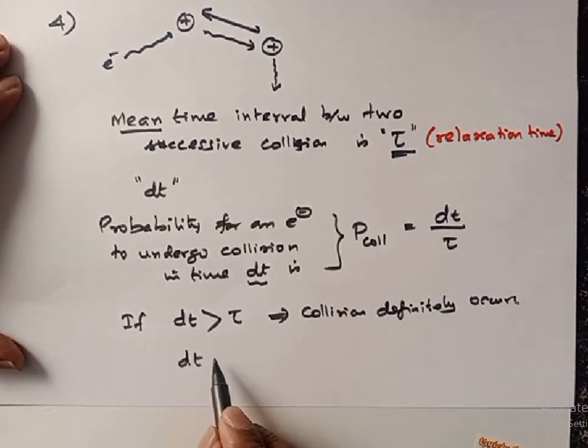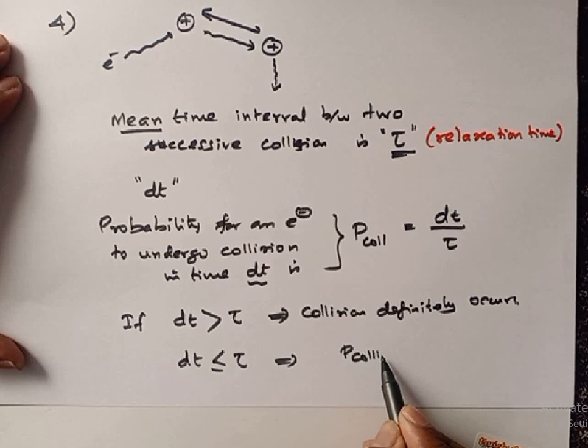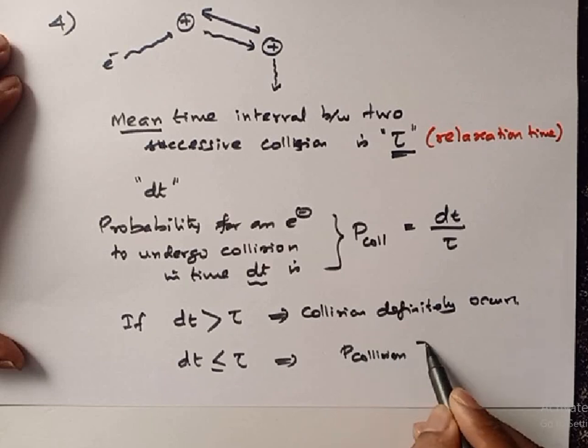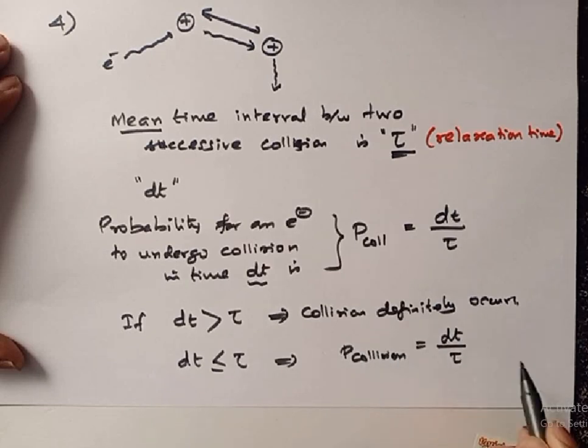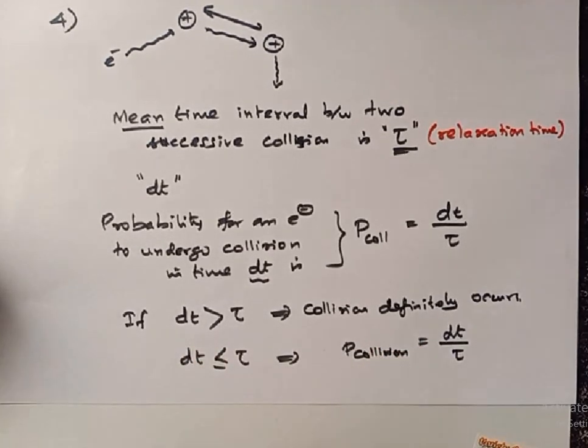If dt is less than or equal to tau, in this case the probability for collision can be obtained using this formula: dt by tau. This is a very important point, keep this in mind.